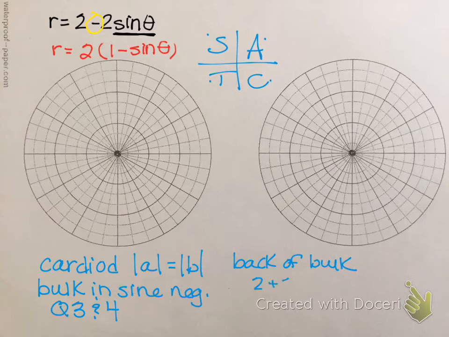So 2 plus 2 is 4. So in quadrants 3 and 4, this is where my bulk is going to be. To figure out how far back I need to come, I am going to add their absolute values. So this particular graph, the back of my bulk will be at 4. 1, 2, 3, 4. So there is the back of my bulk.